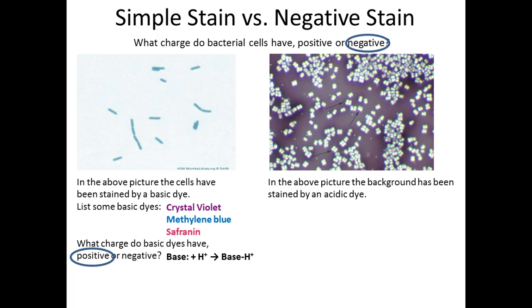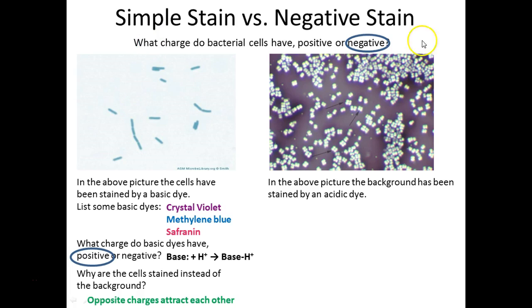What do we know about these opposite charges? They attract, right? Remember the old saying, opposites attract. I always say that. Explains my first marriage, right? Opposites attract. Make sense? So that's why the positive dye is attracted by the negative. It goes into that cell, and it colors the cell.